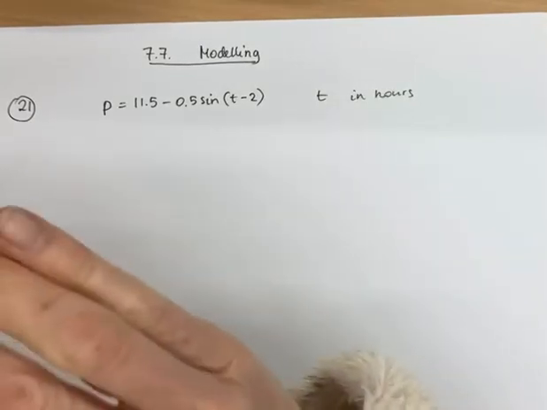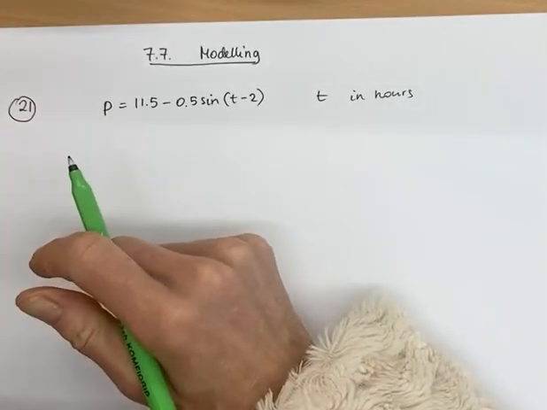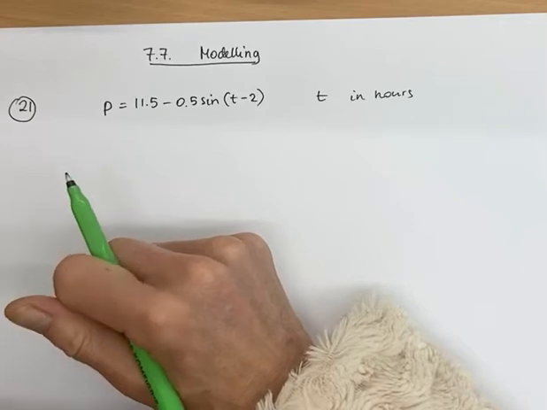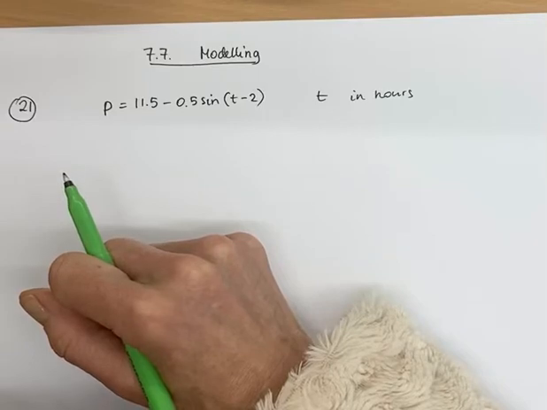Once you've lifted and reached the cruising altitude, that is the time we begin measuring the cabin pressure from. Angles are measured in radians.